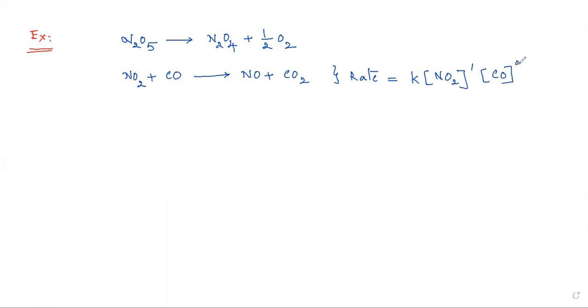That means order with respect to NO2 is 1, CO is 0. Means rate is independent of the concentration of CO. Whatever the stoichiometric coefficient may be, this power is not going to change because these powers are obtained only after conducting experiments, right?